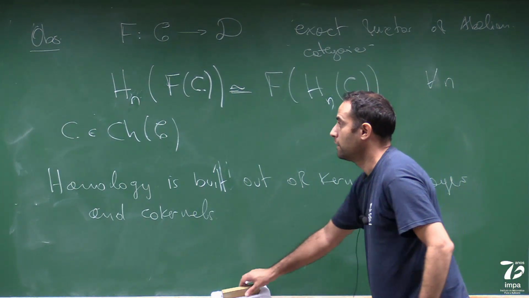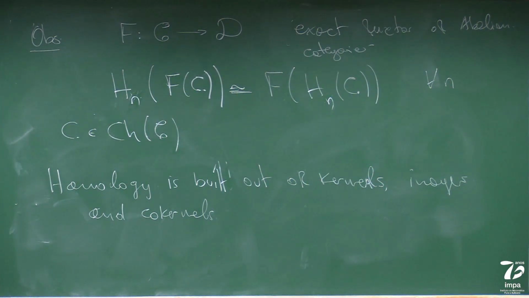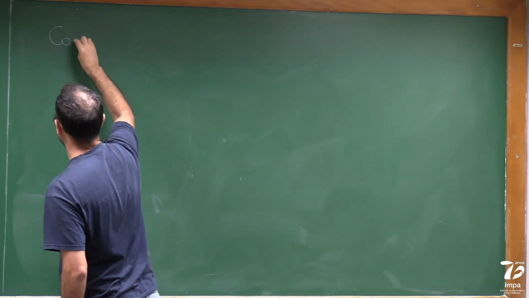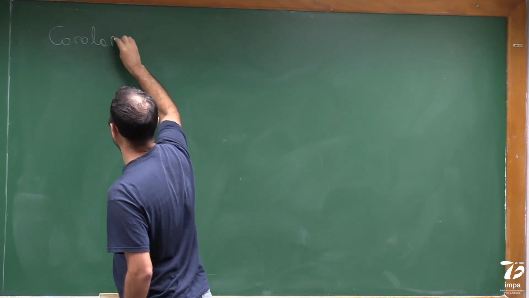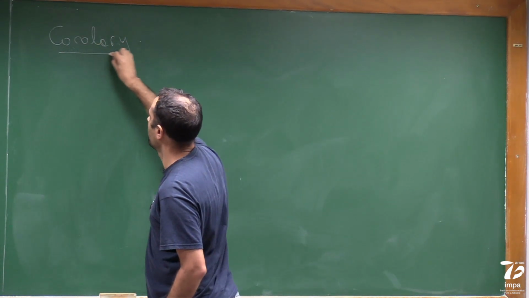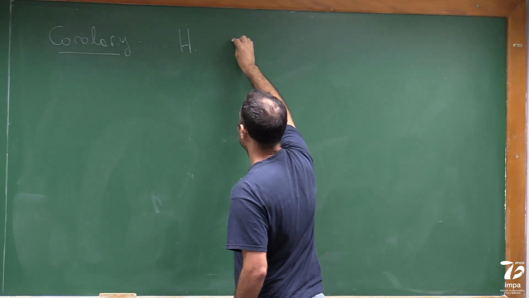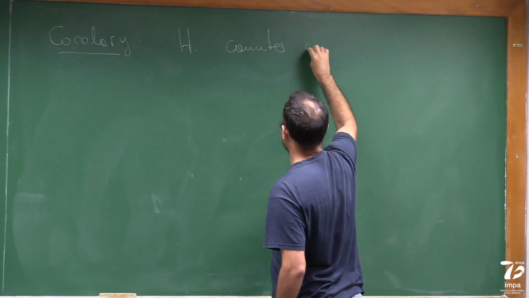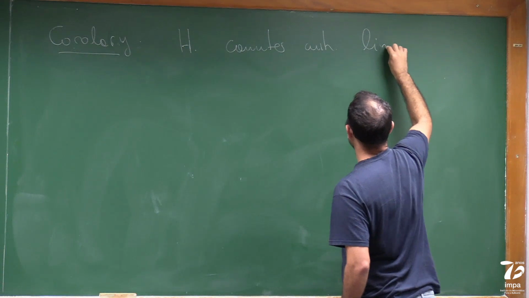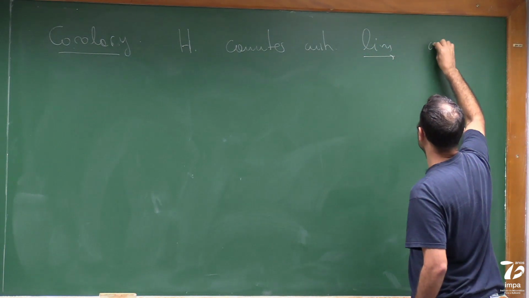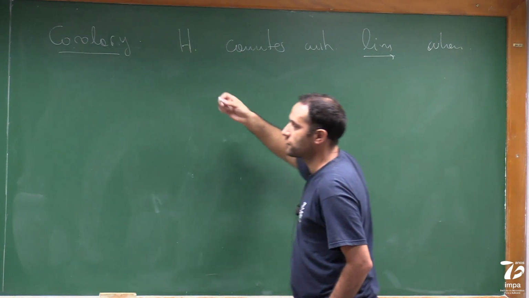In particular, in a category A that satisfies AB5, homology commutes with arbitrary filtered colimits. So as a corollary, homology commutes with filtered colimits on a category A when A satisfies AB5.